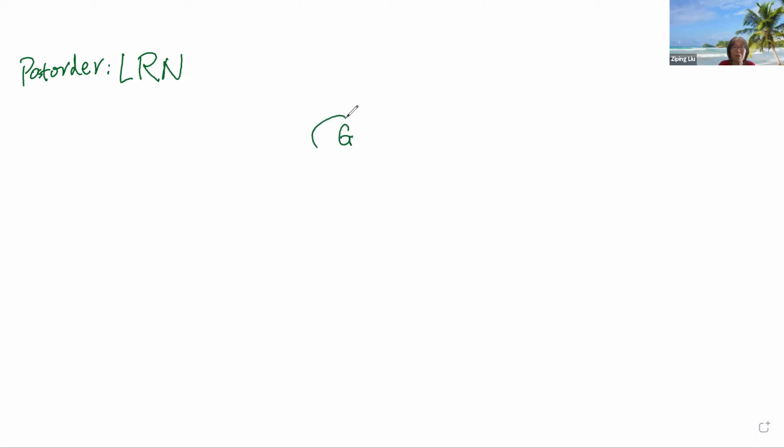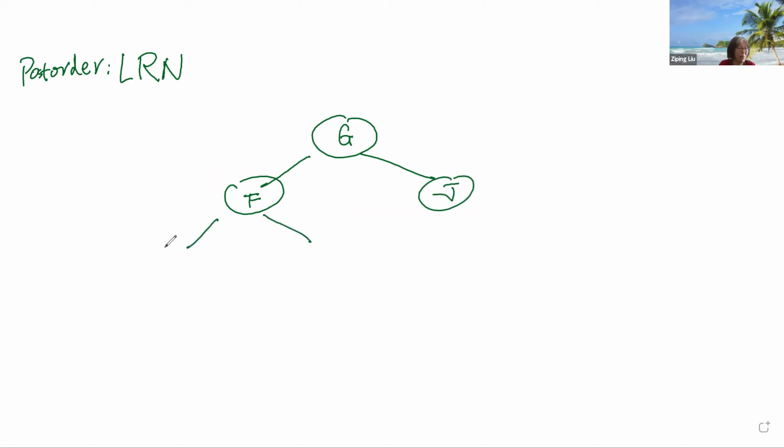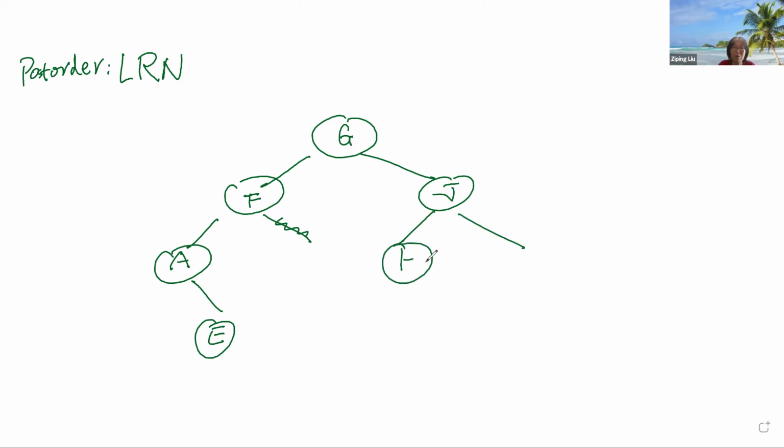We have G. And then let's see, F. And then we have J. And then we have A. After A, we have E. And under F, we don't have anything. And then over here, we have H. We have O. Okay, let me clear this out.